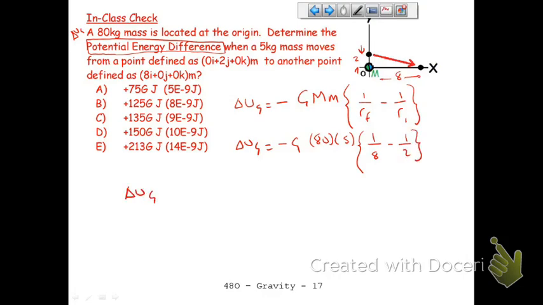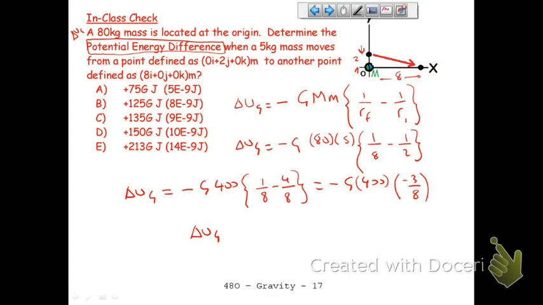Delta UG is equal to minus G, 5/8 of 40, that's 400, times 1 over 8 minus 4 over 8, which equals minus G 400 times minus 3 over 8.